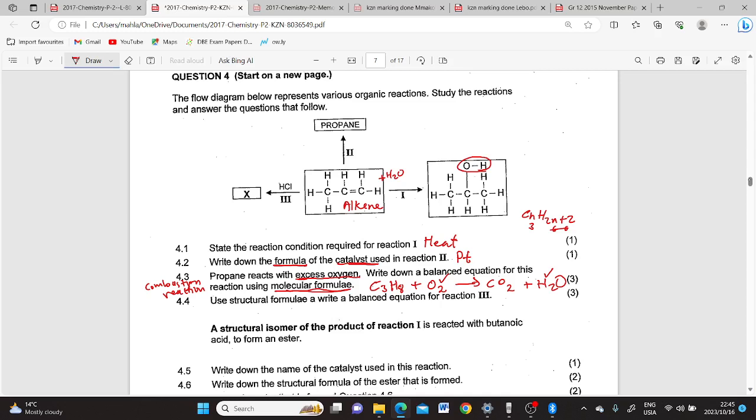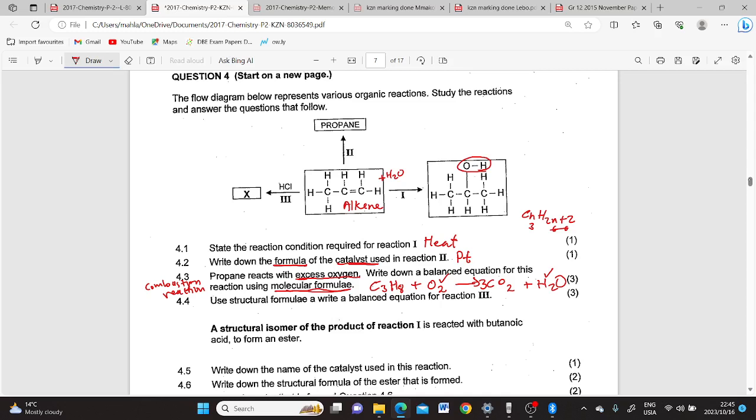Firstly, we take the number of carbons here and multiply it on the carbon dioxide, so we have 3 here. We take the number on the carbon and multiply on the carbon dioxide. So looking at that, we have C3, then we have 3 carbons on both sides.